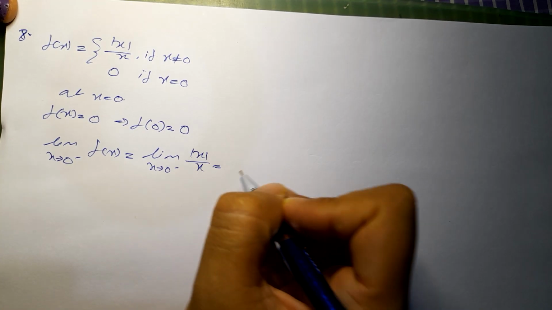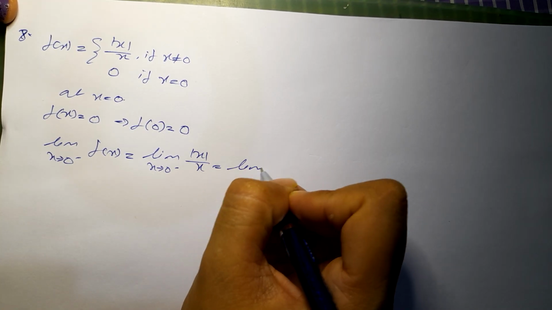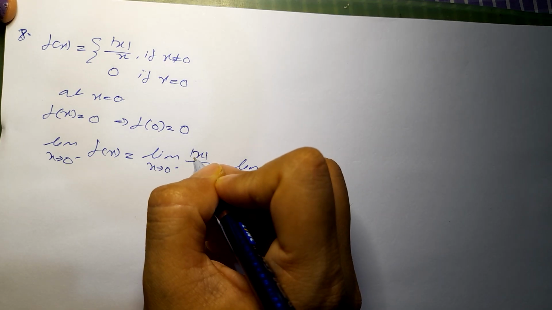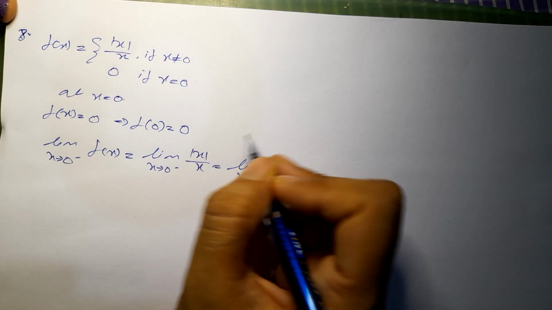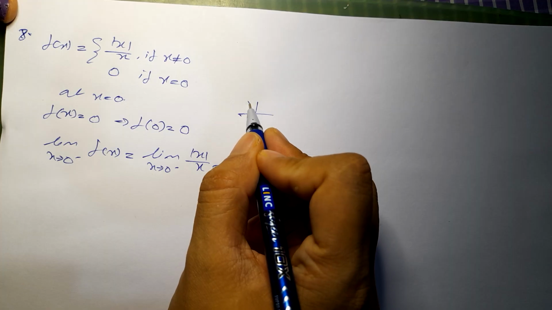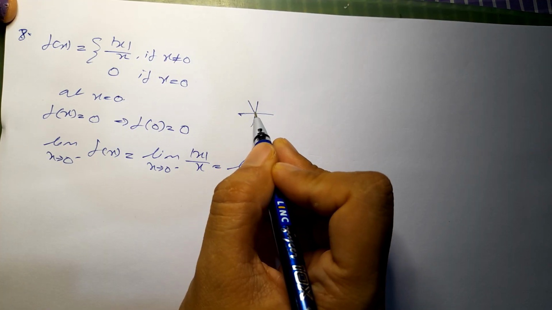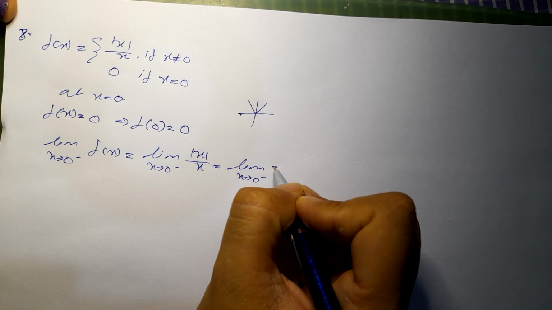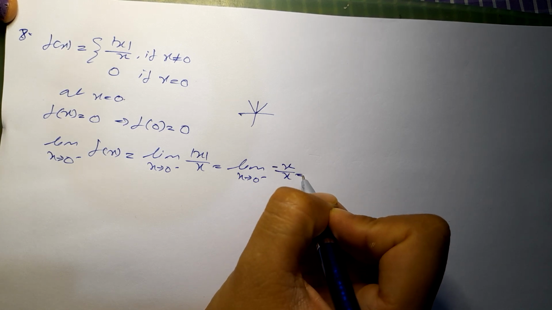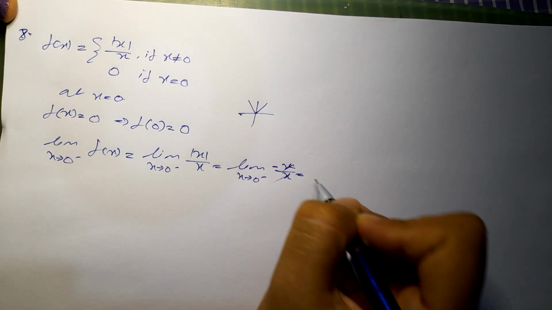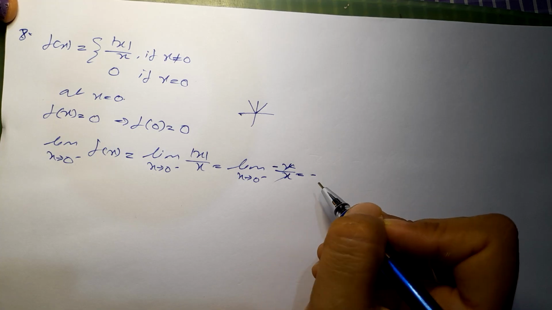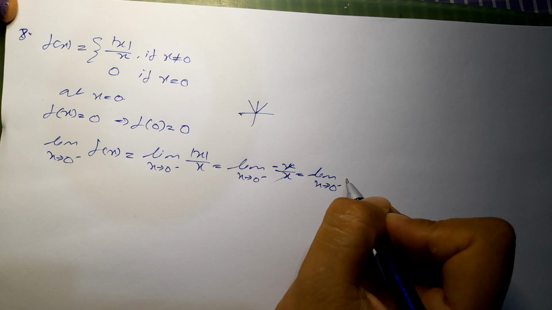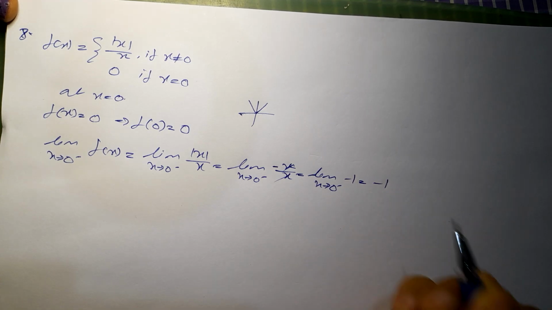Since it is a left hand limit, when x is less than 0 it will give minus x, and when it is greater than 0 it will give plus x. So it will be minus x divided by x. The x and x eliminate, so the remaining will be 1. Limit x tends to 0 minus of minus 1, that is minus 1.